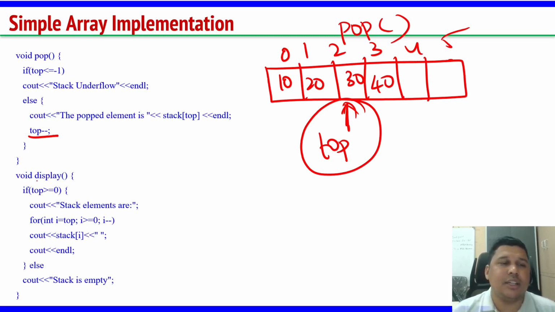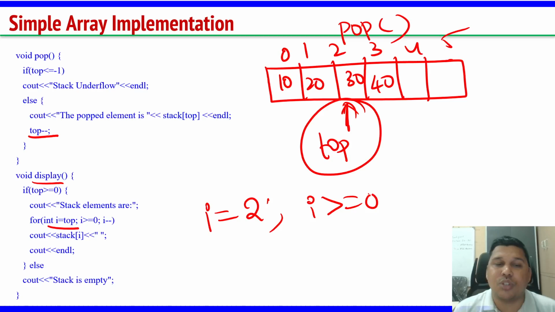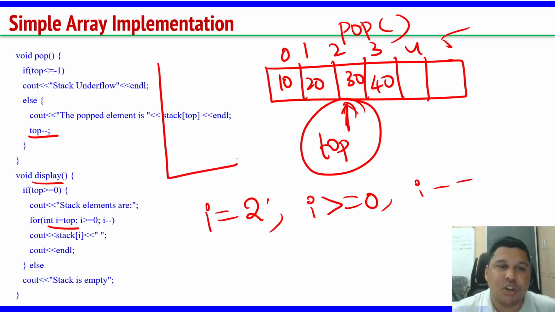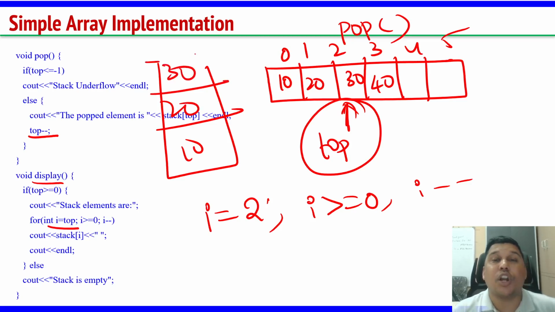Then the display operation, you want to print the elements of the stack. So how do you do it? I equal to top, in this case I is at 2, then I greater than or equal to 0, I minus minus. Why? Because you print in reverse order. That's what a stack is, no? When you insert 10, then 20, then 30, in which order can you take out the elements?